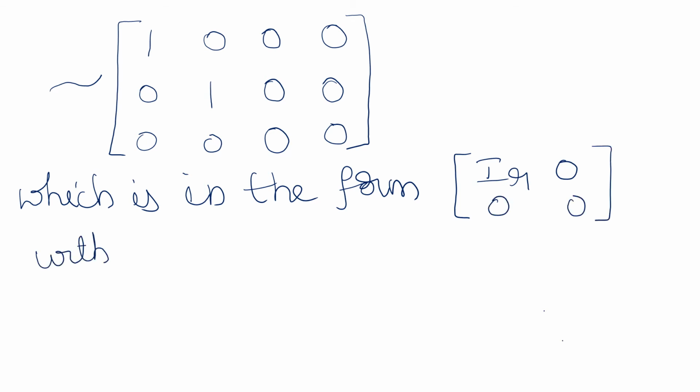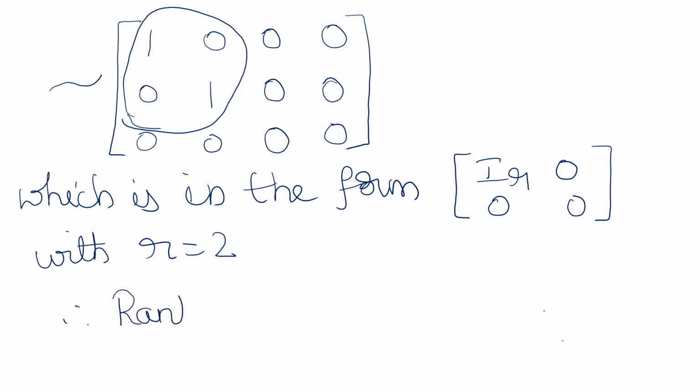What is the unit matrix that you can see? You can see that this is the unit matrix you have. And what is the order of that matrix? With R equal to 2, the unit matrix is of order 2. Therefore, rank of A is equal to rho of A is equal to 2.